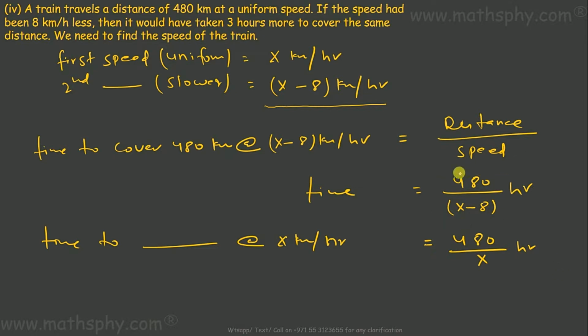This time is 3 hours less than this time. So 480 over x minus 8, which is 3 hours less than this time, if I add 3 hours, will be equal to this time. Now this time and this time both are equal.